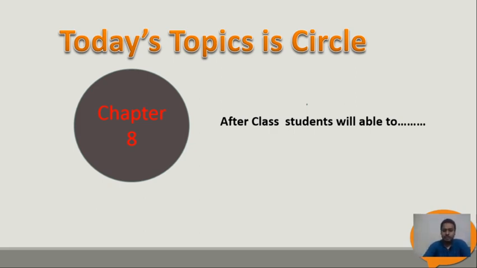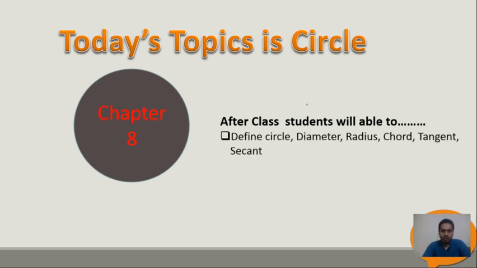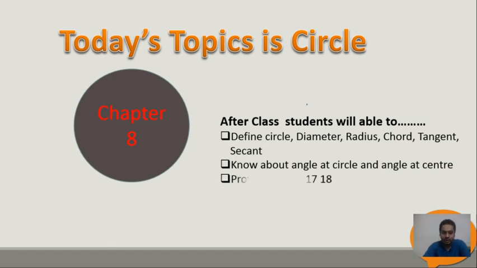After this class, you will be able to understand and define circle, diameter, radius, chord, tangent, and secant. Secondly, you will know about the angle at the circle and angle at the center, and third, at the last part of the class, you can prove the two important theorems of this chapter, 17 and 18.